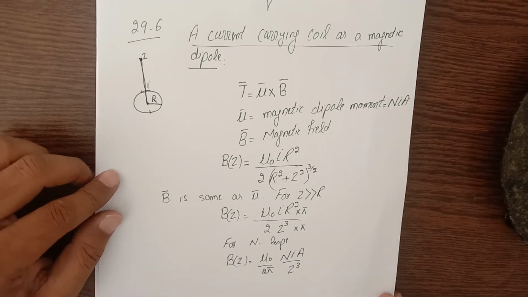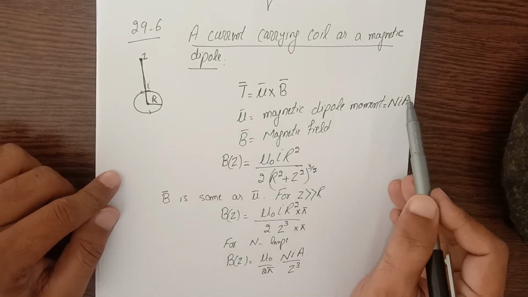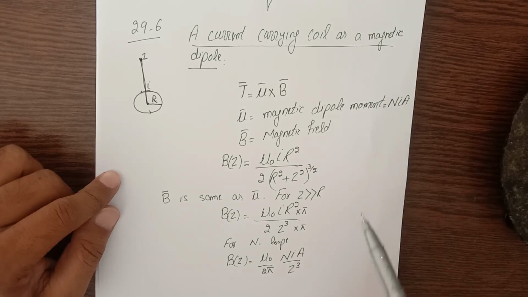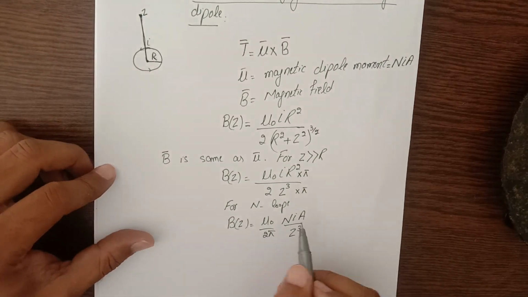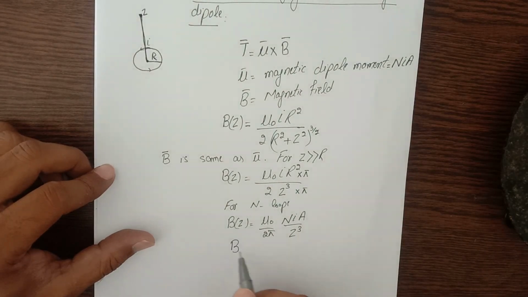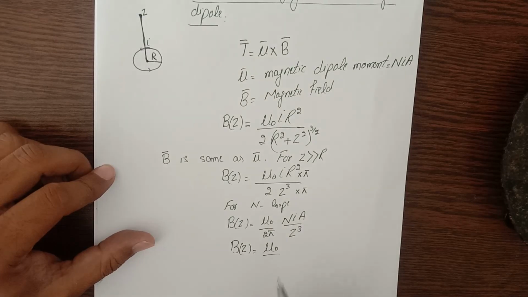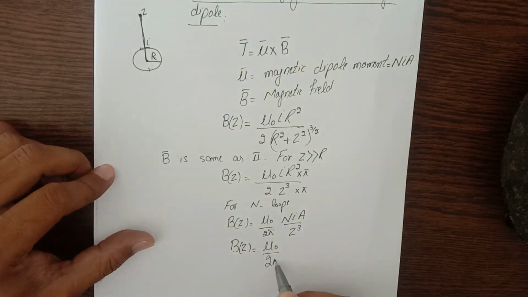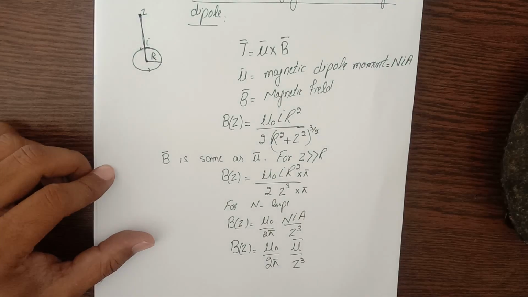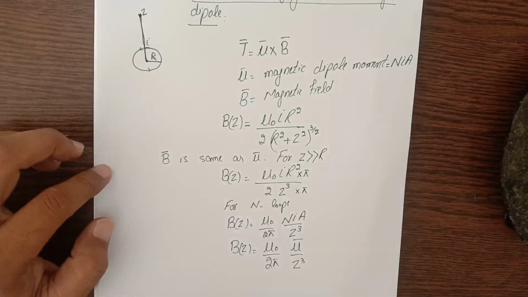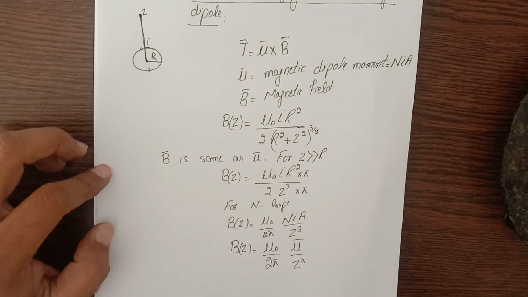Now as I already gave here that this magnetic dipole moment is equal to NIA, I can substitute over here this value, so B of z would be mu naught over 2 pi, magnetic dipole moment over z cube. This would be my magnetic field due to the coil with n turns.